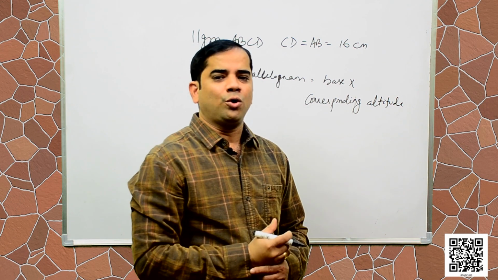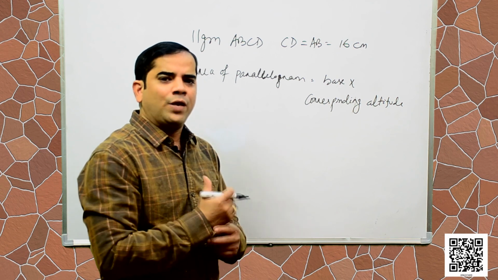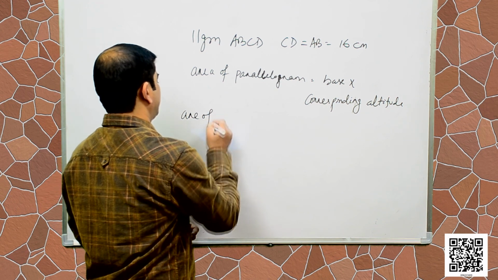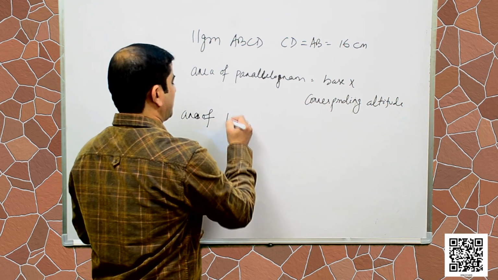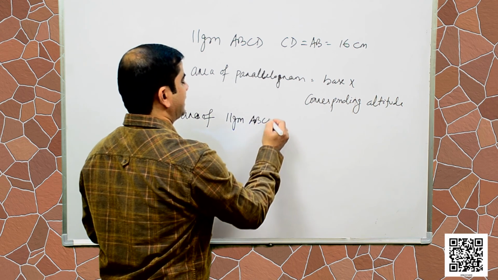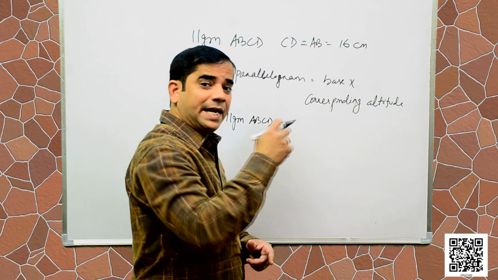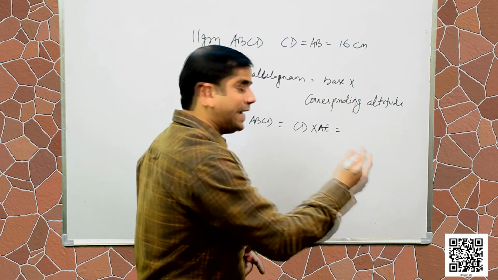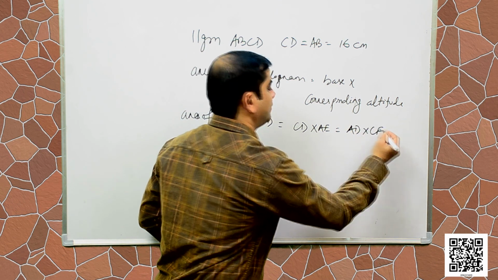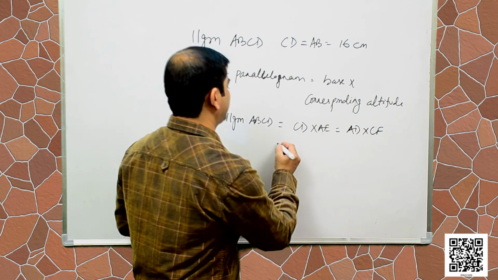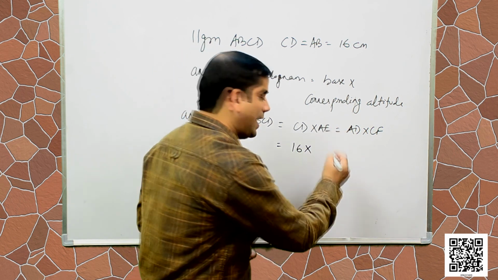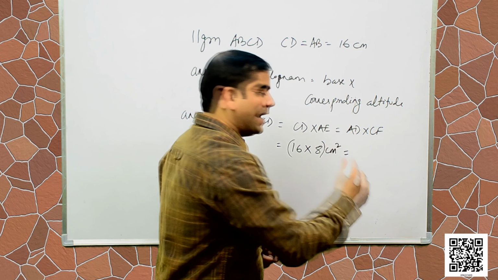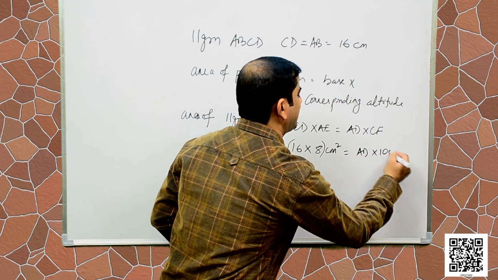Fine. So, using this formula, we can say that area of parallelogram ABCD is equal to CD into AE, or it is also equal to AD into CF. That means 16 into 8 centimeter square is equal to AD into 10 centimeter.